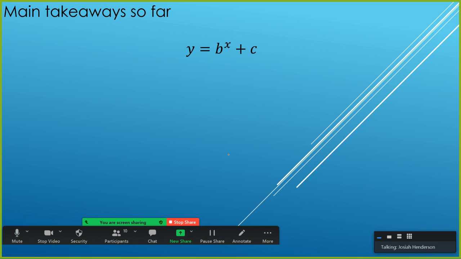Okay, let's pause for a second and go over the main takeaways that we have so far, including yesterday's work and today's so far. So here's our generic version of an exponential function.